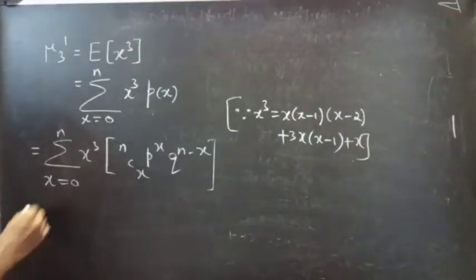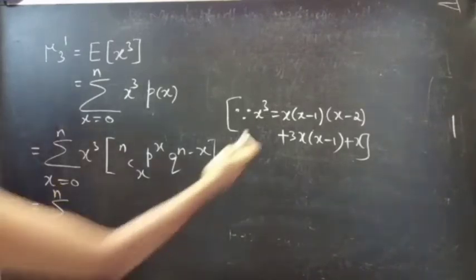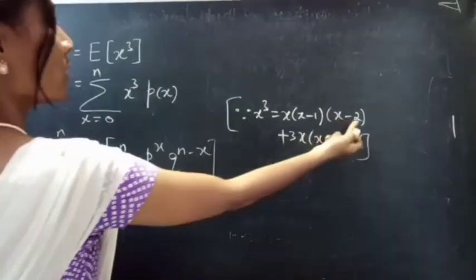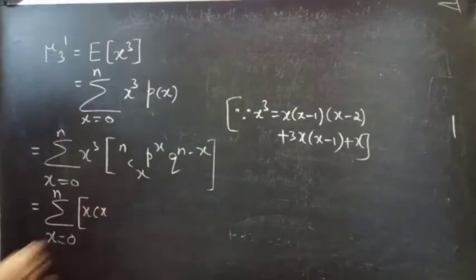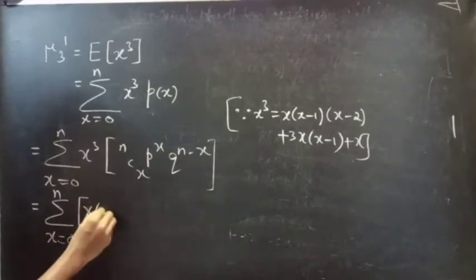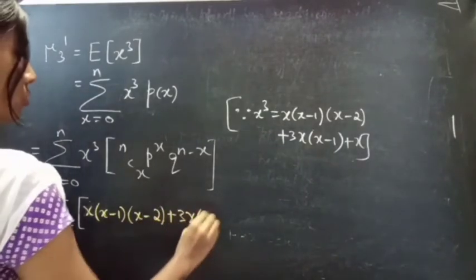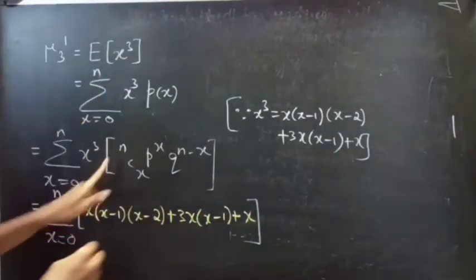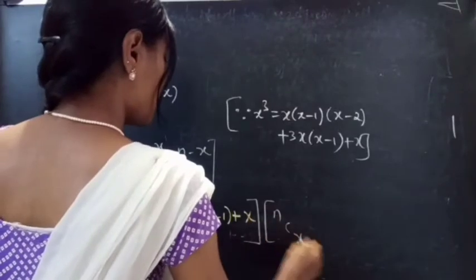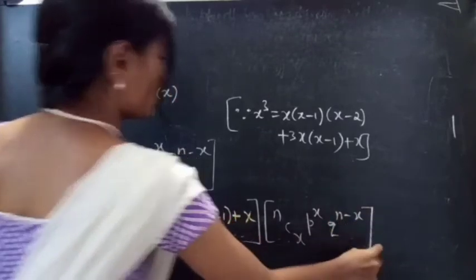So this equals summation x equals 0 to n of x into x minus 1 into x minus 2 plus 3x into x minus 1 plus x, into nCx p power x into q power n minus x.